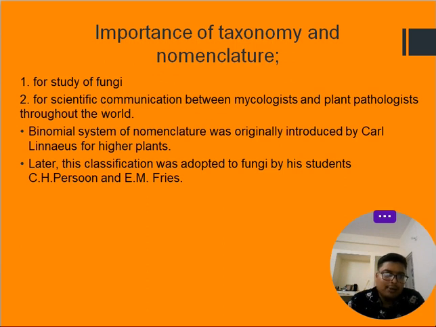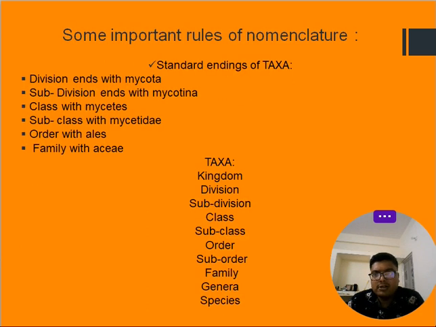Let's move to the next slide. Some important rules of nomenclature. While writing the nomenclature, we have to know certain rules and regulations, on the basis of which we do the classification of any living organism.